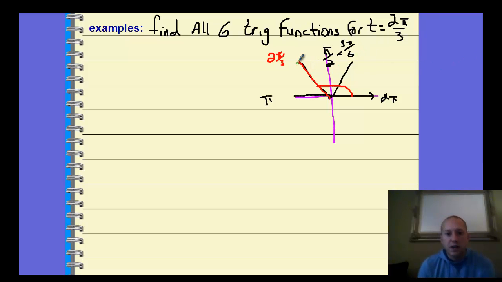If I take this point, go straight down and then right, what is this angle measure? Not the 2 pi thirds, but what's left over to pi. This is only pi thirds left over. Pi thirds is 60 degrees. So this has to be 30 degrees. This is our right angle. And so you need to be able to find this right triangle, because once you find that, then we can label what the point is.